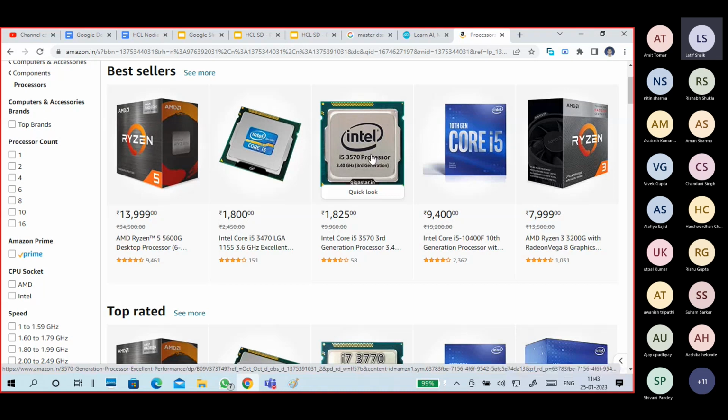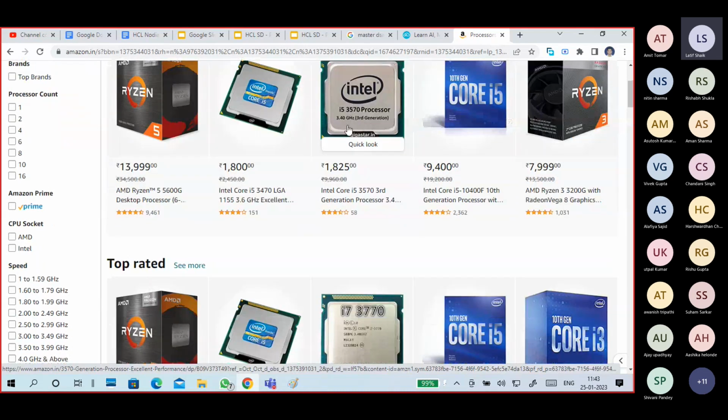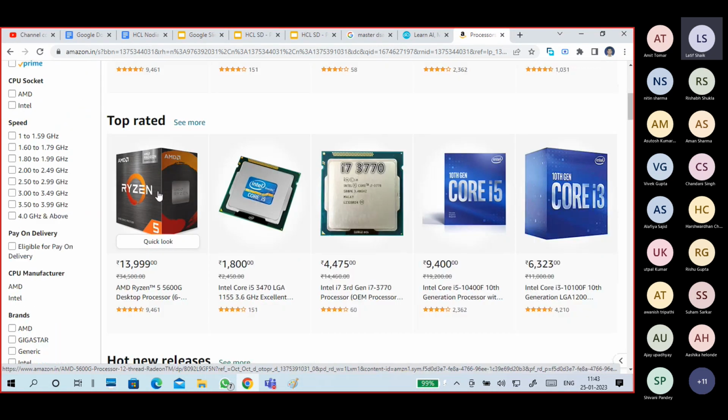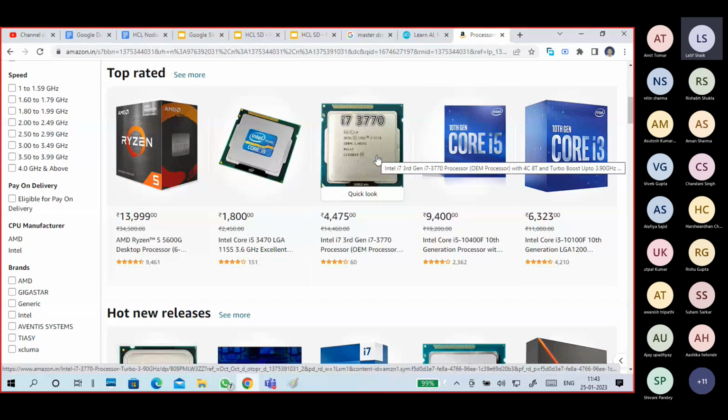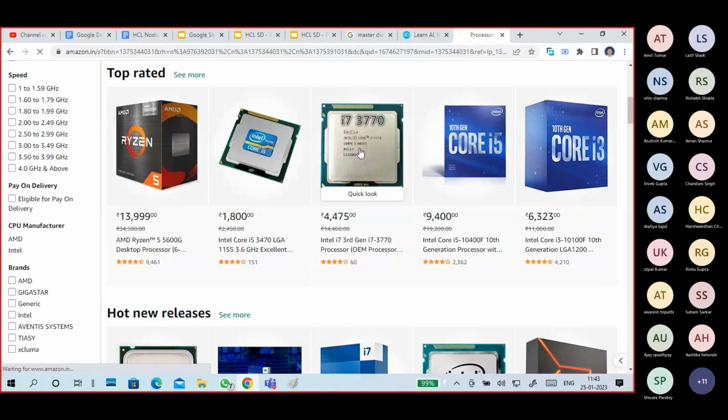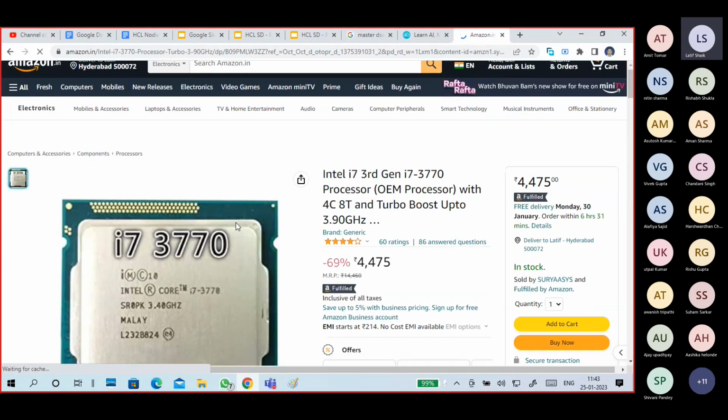See, this is a third generation i5 processor. This is a 10th generation F model i5 processor. This is a Ryzen processor, AMD. Now I am trying to check something which is i7. We'll take i7.